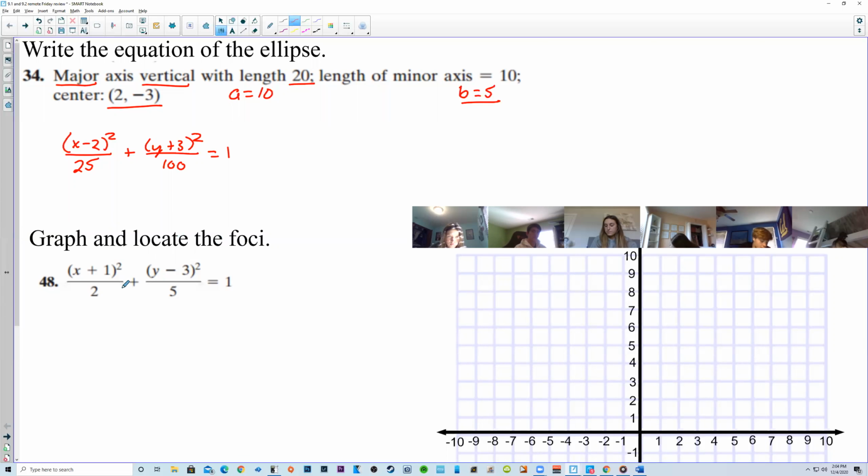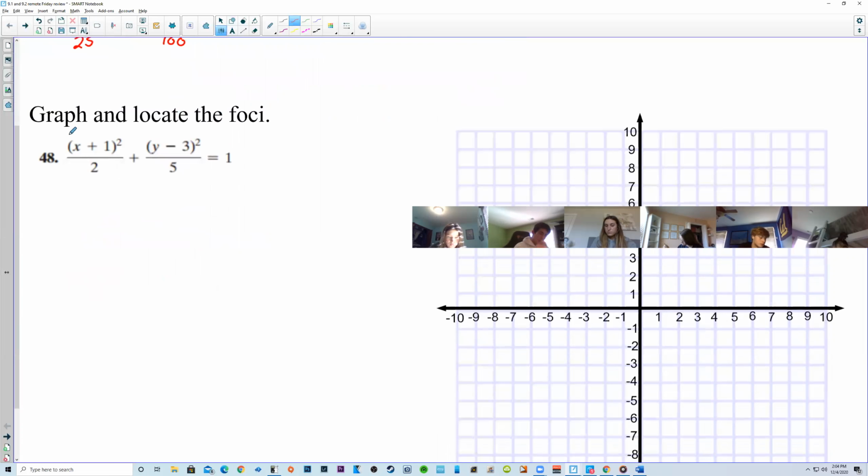Graph and locate the foci for this one. So we know the center is negative 1, 3. From the center, we're going to go right and left the square root of 2, which is 1 point something.